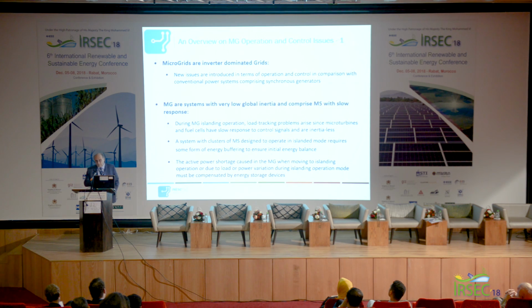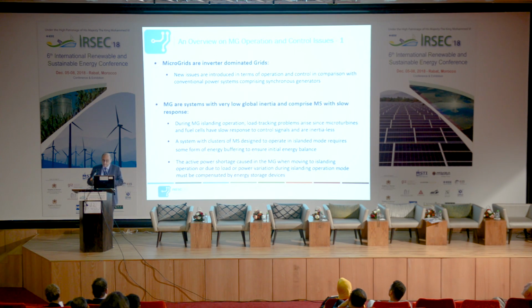In order to understand the way we have addressed this topic, I would like to give you an overview on the microgrid operation and control issues. So, very important, and I believe you already understood, microgrids are inverter-dominated grids.